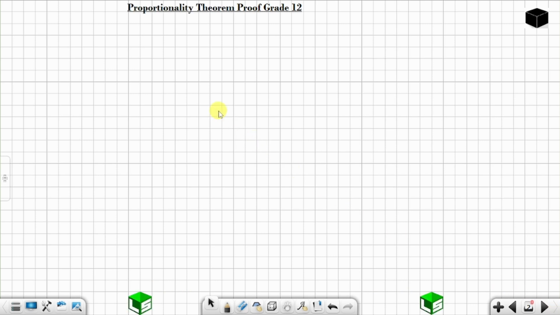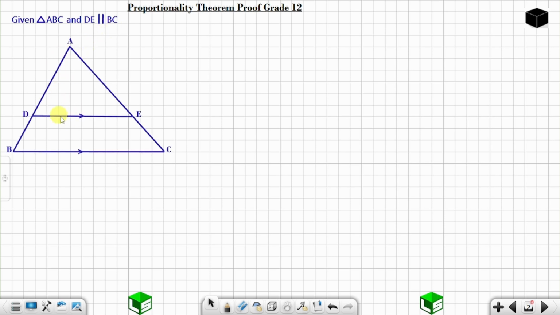Okay, now we are going to prove proof number 3 of 3 of the proportionality theorem. You are given the triangle ABC and the line DE parallel to the line BC.